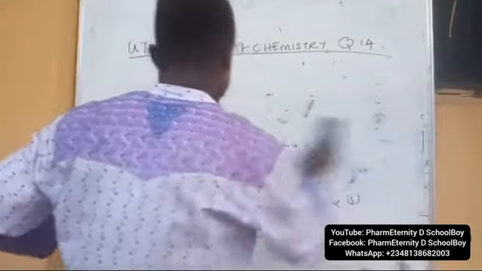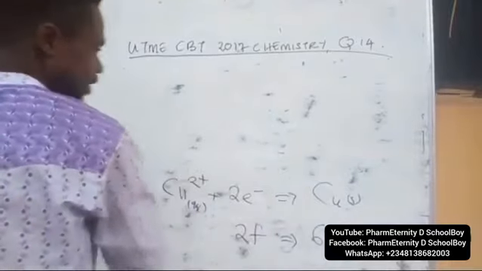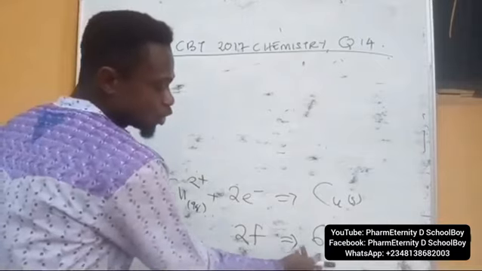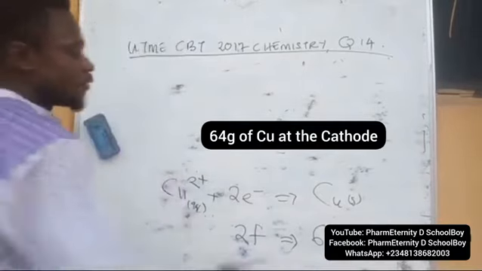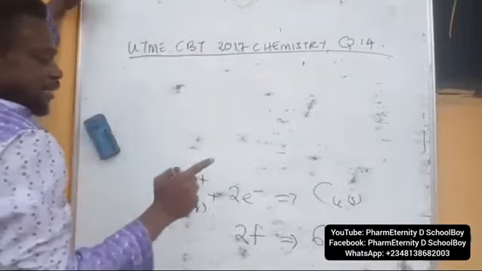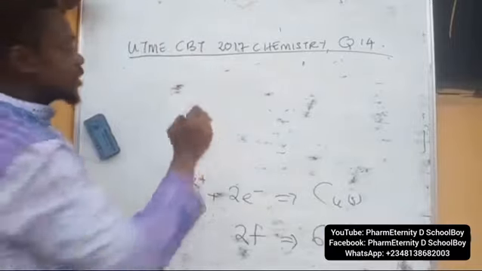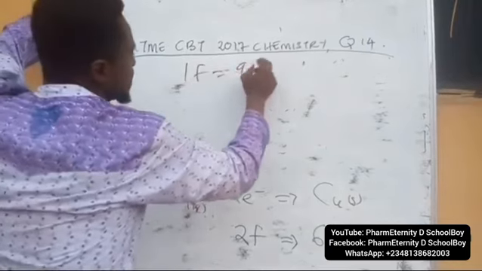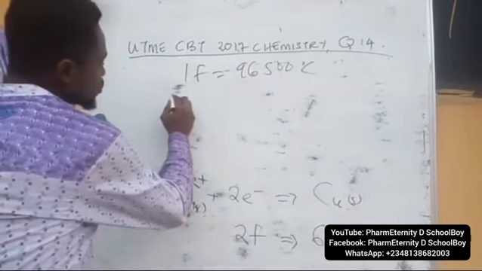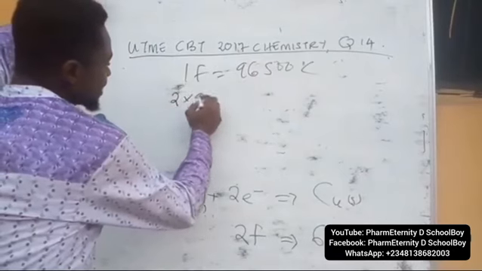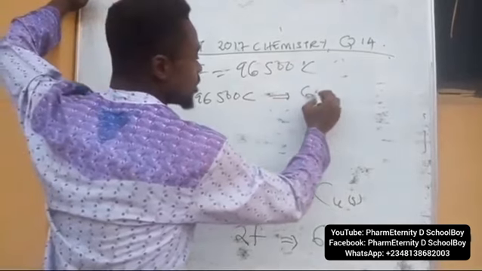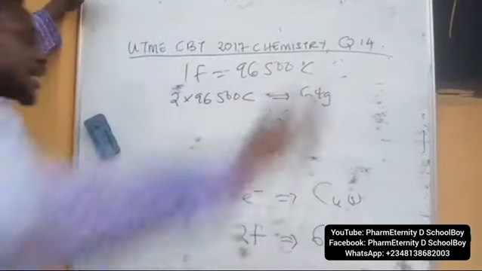Now 2 Faraday will deposit 64 gram of copper at the cathode. Remember that 1 Faraday is 96,500 coulomb, it was given. So that means 2 Faraday is 2 times 96,500 coulomb of electricity, which deposits 64 gram of copper at the cathode.